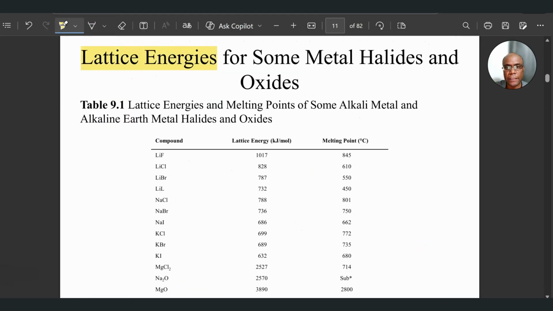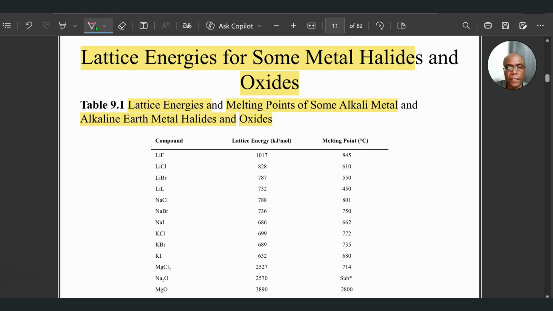Let us discuss lattice energies for some metal halides and oxides. Table 9.1 shows the lattice energies and melting points of some alkali metal and alkaline earth metal halides and oxides.